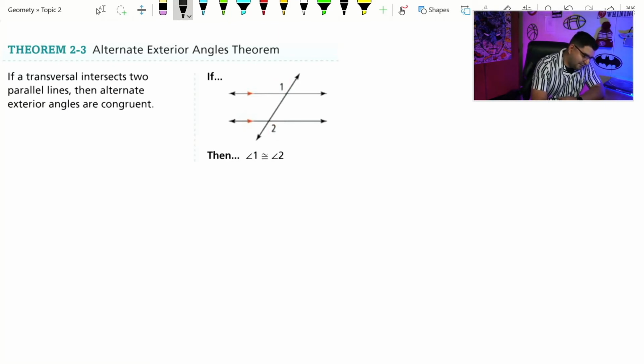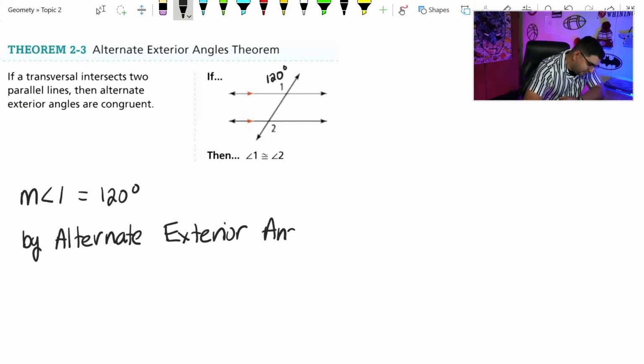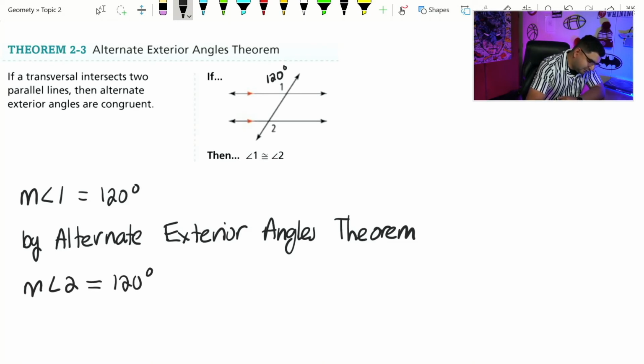So once again, let's say they tell me that the measurement of angle 1 is 120 degrees, meaning that this angle is 120. If they were to tell me that, then I could say by the Alternate Exterior Angles Theorem that the measurement of angle 2 also has to be 120 degrees.